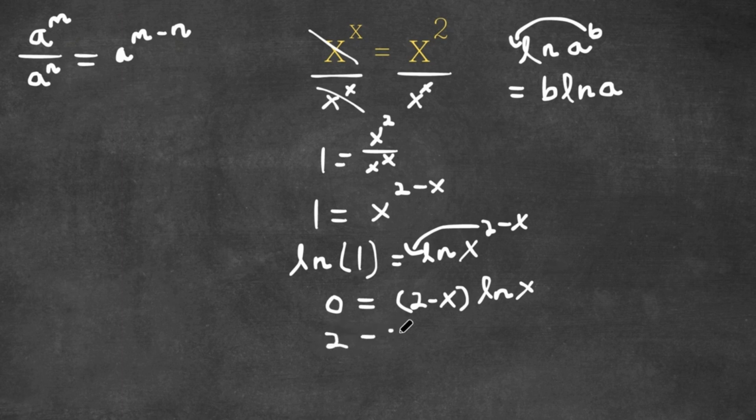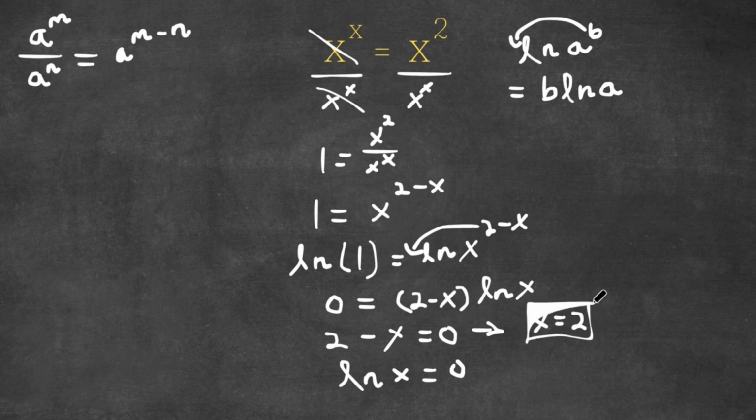We have 2 minus x is equal to 0, and we also have ln x is equal to 0. Now for 2 minus x is equal to 0, x is simply equal to 2. So that is one solution.